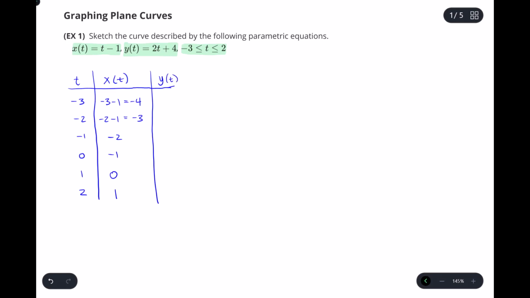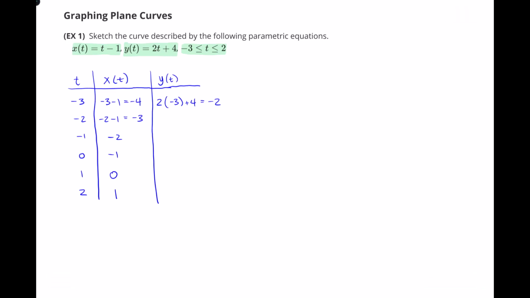Now to graph, we need both an x and a y coordinate. So the y coordinate we just calculate based off of the other function here. So if I plug in -3 into the function 2t plus 4, it would be 2 times -3 plus 4, which is -6 plus 4, or -2.